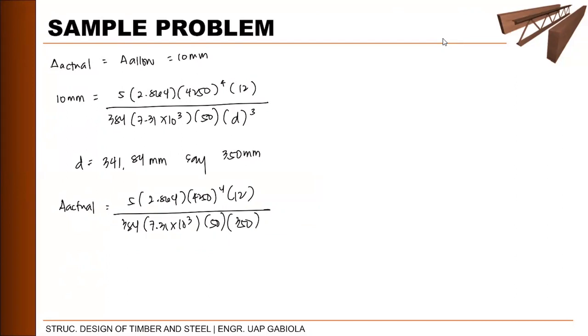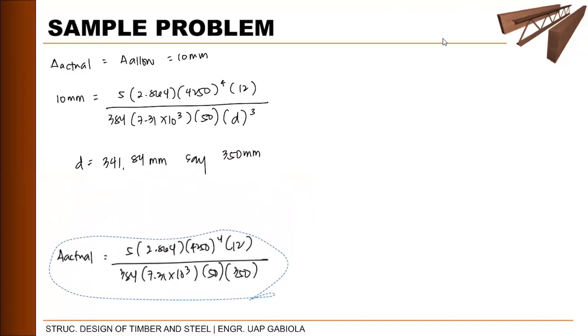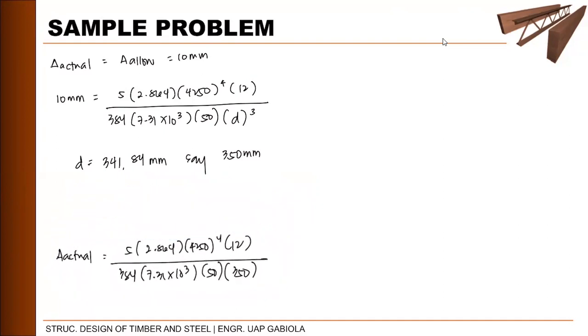Okay? Pero before that, we need to adjust yung weight natin. Kasi nagbago yung depth natin, definitely yung weight ng wood natin magbabago. So try 50 mm by 350 mm. So yung weight ng wood will now be equal to yung area natin.